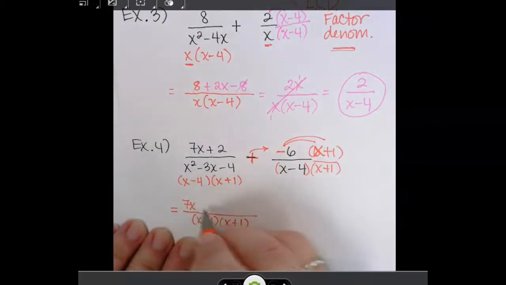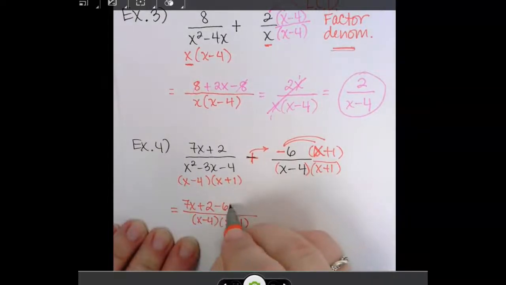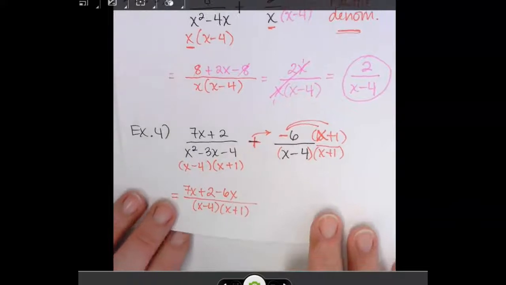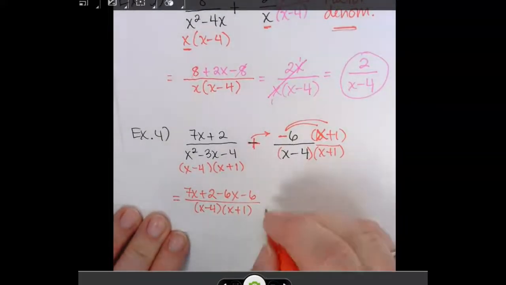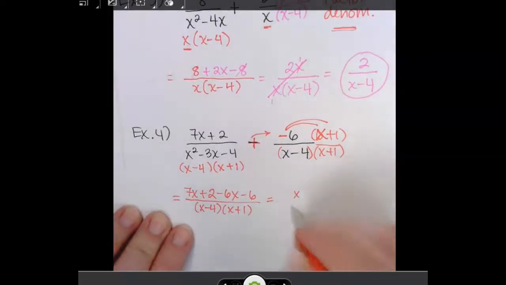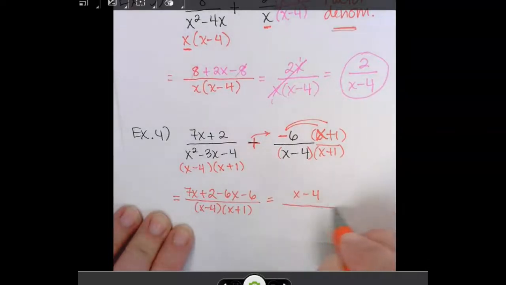I have the 7x plus 2, and then -6 times x is -6x. -6 times 1 would be -6. Then I can combine like terms. 7x minus 6x is 1x, and 2 minus 6 is -4. So I have the binomial x minus 4.